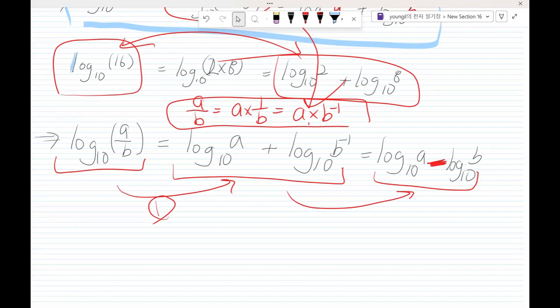So now, log base 10 of A over B is equal to log base 10 of A plus log base 10 of B inverse.